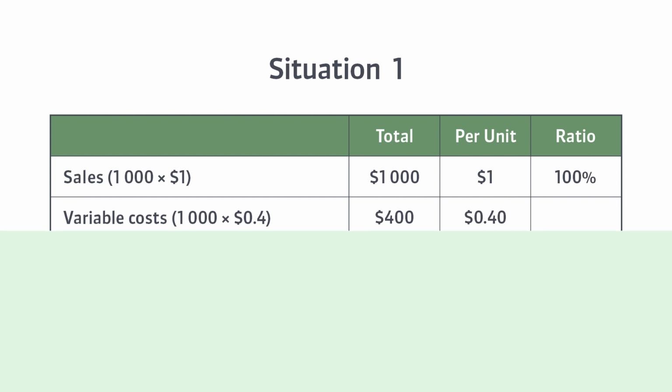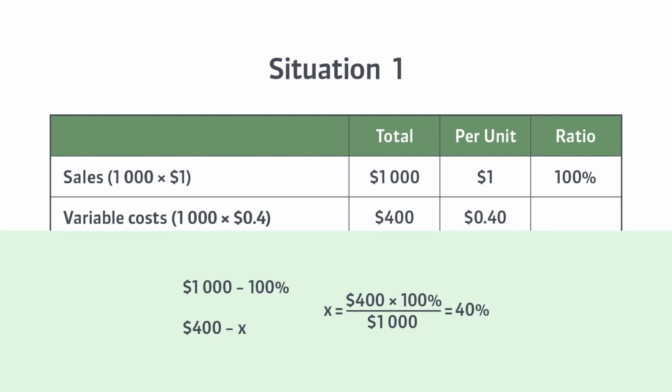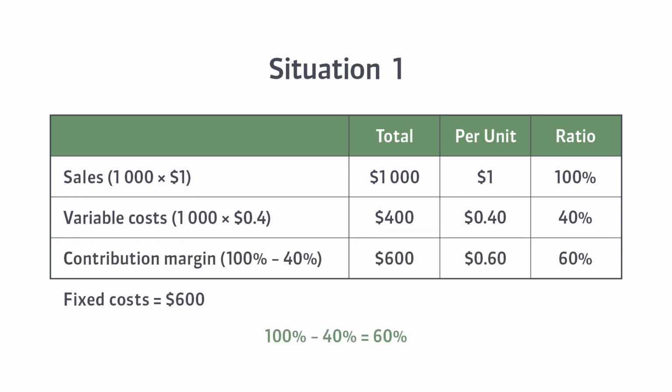No matter if you calculate the total value or per unit value, variable costs will be exactly 40% of sales. This time, the contribution margin presented as a ratio will be 60%. Now that you know what the contribution margin presented in three different ways looks like, let's move to situation number two.